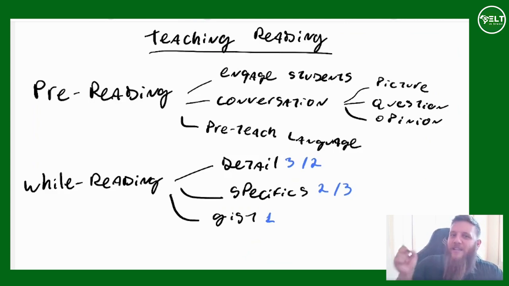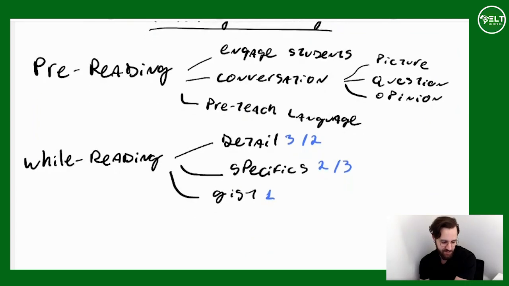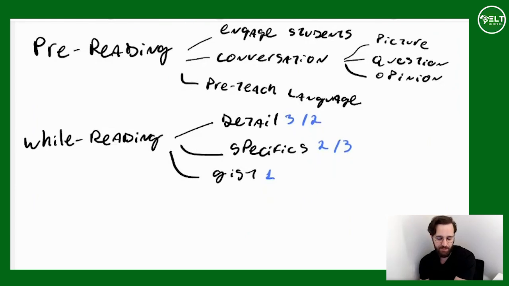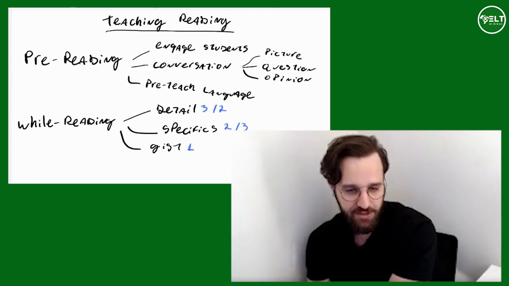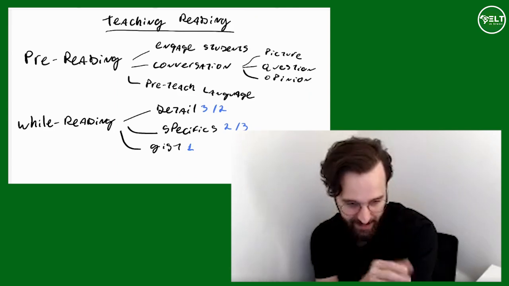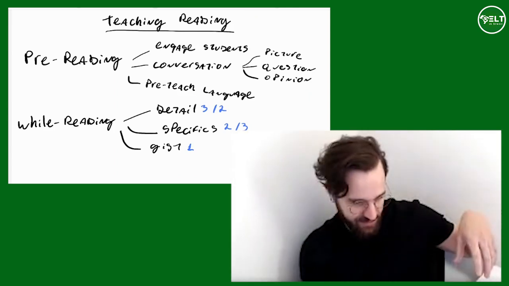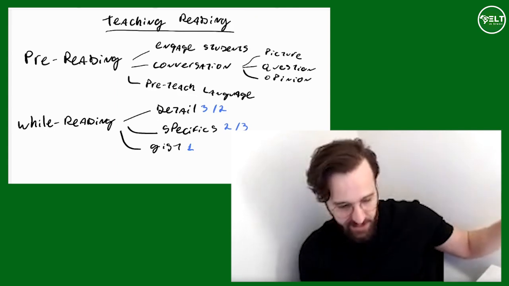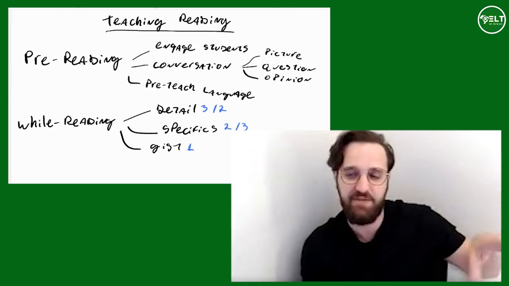Yeah, and now moving on, when we get to details and specifics, I'm going to give you one example of one task that could be specifics and could be details. Say you give students a true or false exercise. Let's say the sentence is, this person hates this, and you have to find if that's true or false.